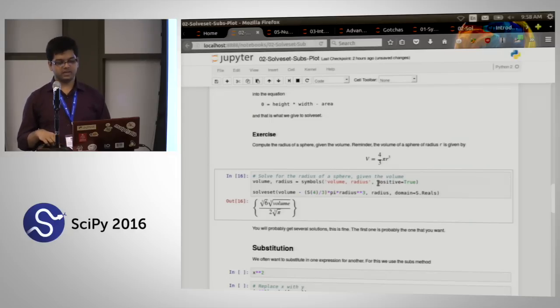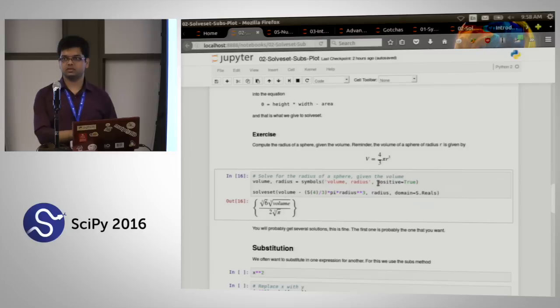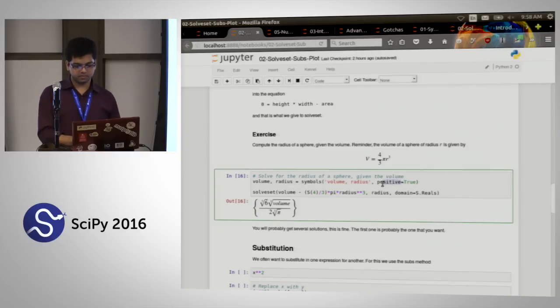We define volume and radius as positive symbols, and just give the expression for the volume, plug it in and solve it for radius. So you got the solution. If I say positive, it tries to put the condition.